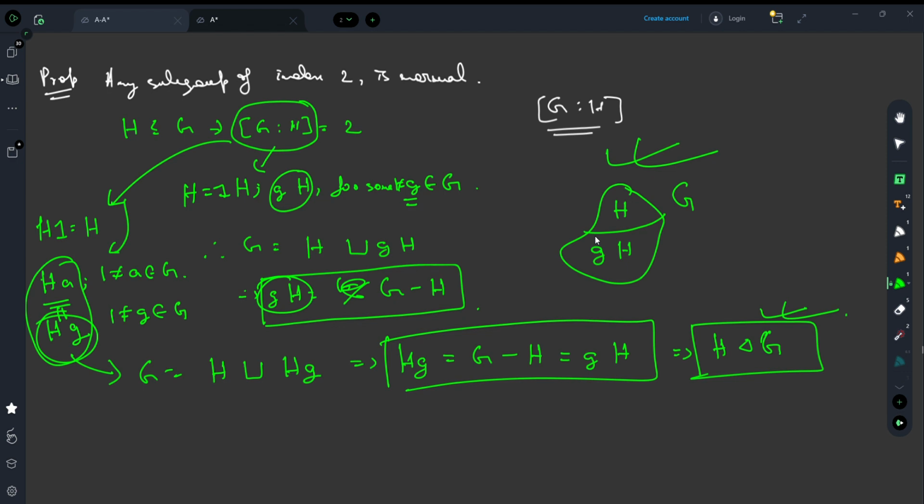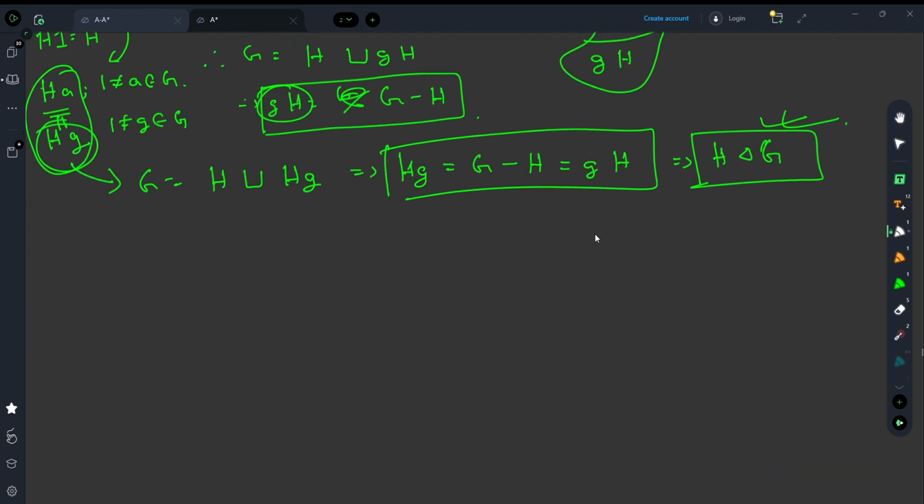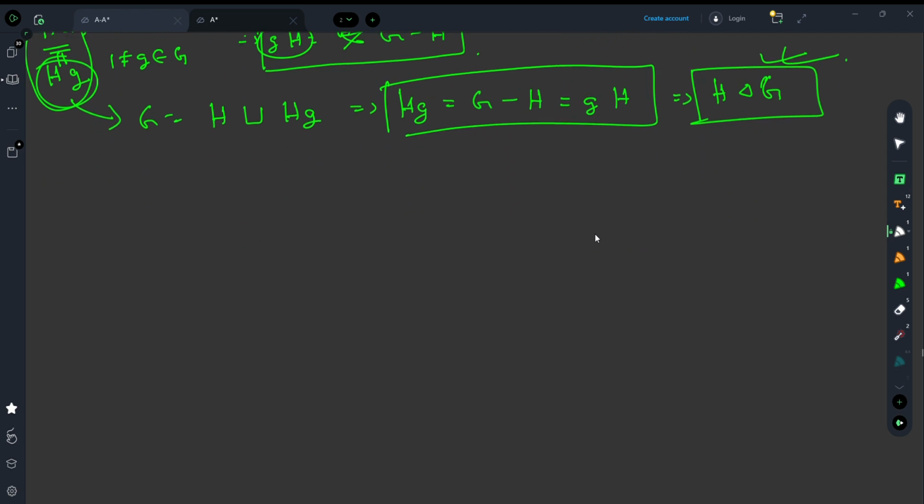Now we have studied what Lagrange's theorem says. Whenever we talk about some theorem which is a one-sided implication, an obvious question should arise whether the converse of the statement is true as well or not, right? We said that if H is a subgroup of G, then the order of H must divide the order of G. But my question is, is the converse true?